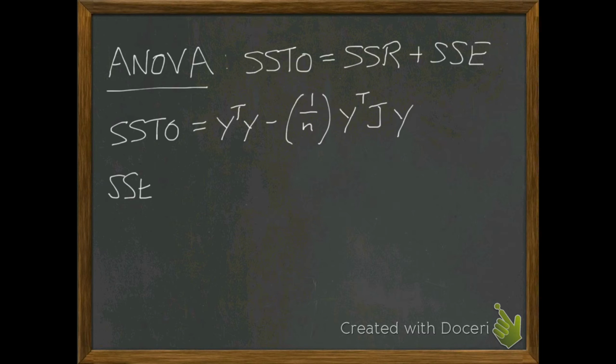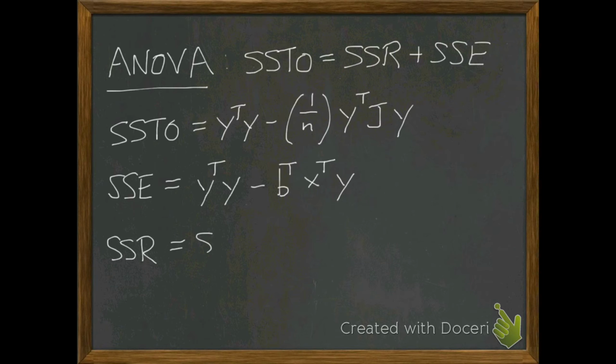The sum of squares for error, if my memory serves me correctly, is y transpose y minus b transpose x transpose y. And for the sum of squares for the regression, gang, what I would do here is take the sum of squares total minus the sum of squares for the error.